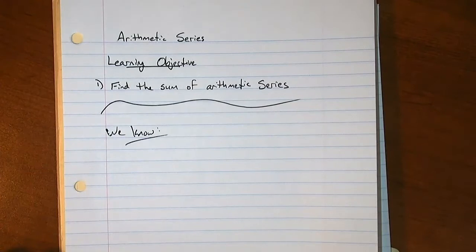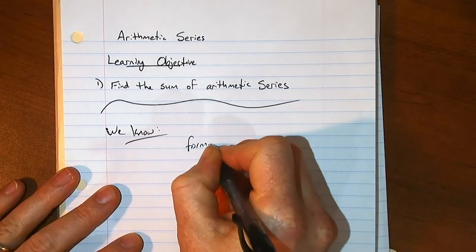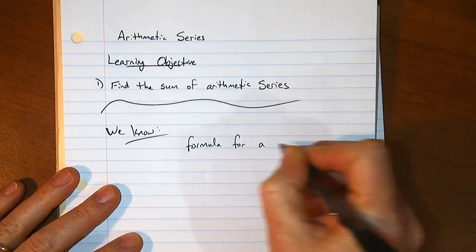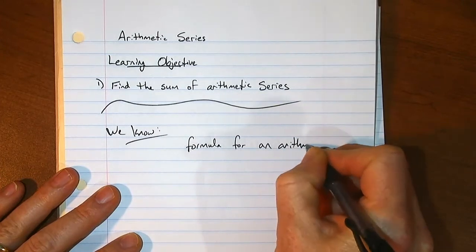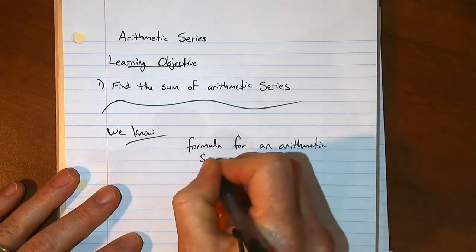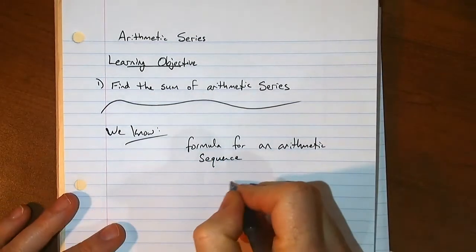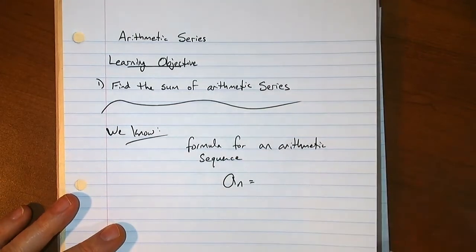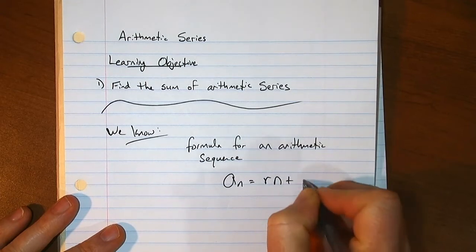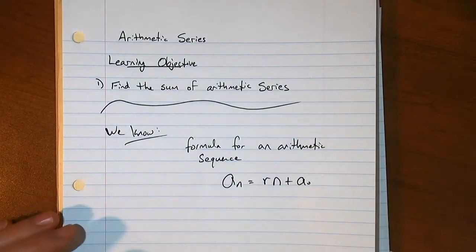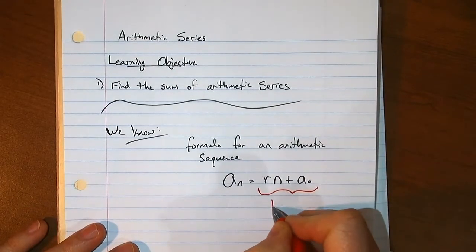First, we already know that an arithmetic sequence will have a general formula that looks like a sub n equals, and I believe we use the variables r, n plus a naught. And so we talked about that this looks like the equation of a line.